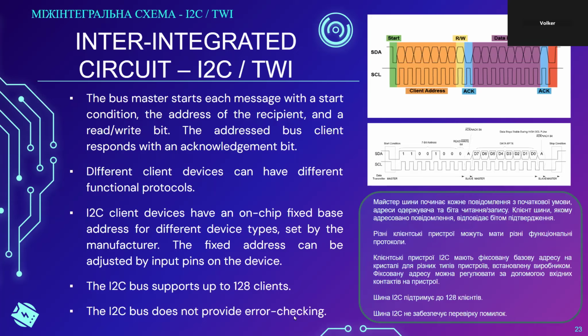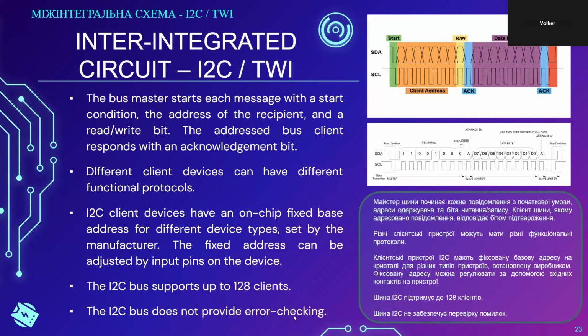You can vary the base address. Typically, there are 2 or 3 pins on the package of the I2C client device, and depending on how you define those pins, if you tie them to ground or to a positive supply voltage, you can create different addresses. But if there are 3 pins for varying the base address, you can have a maximum of 8 of these devices on the bus. That is a drawback.